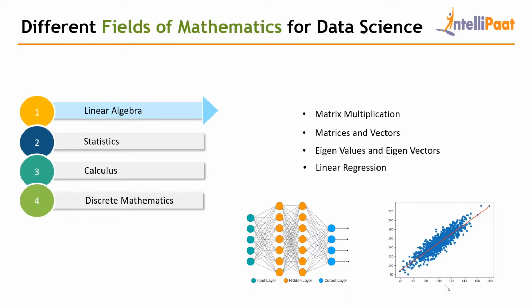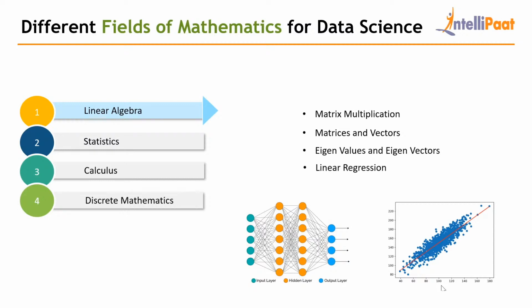If I talk about linear regression, as already discussed, linear regression helps us to understand the correlation between different variables, and to know to what extent there is a linear relationship between the two variables. In particular, the purpose of linear regression is to predict the value of the dependent variable based upon the values of one or more independent variables.